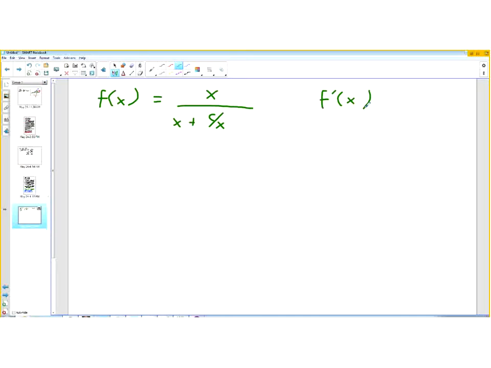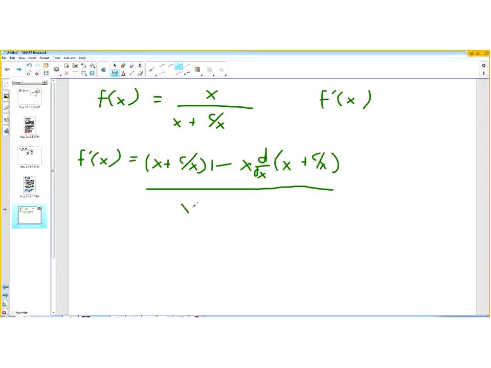We can use the quotient rule for differentiation, which would equal the bottom function times the derivative of the top function, which is 1, minus the top function times the derivative with respect to x of the bottom function. I'll just leave it like that for now because that's going to require some work. And then all of that divided by the bottom function squared.